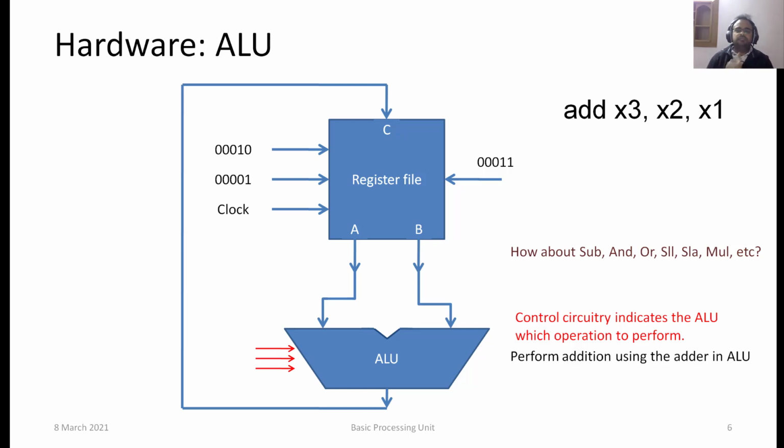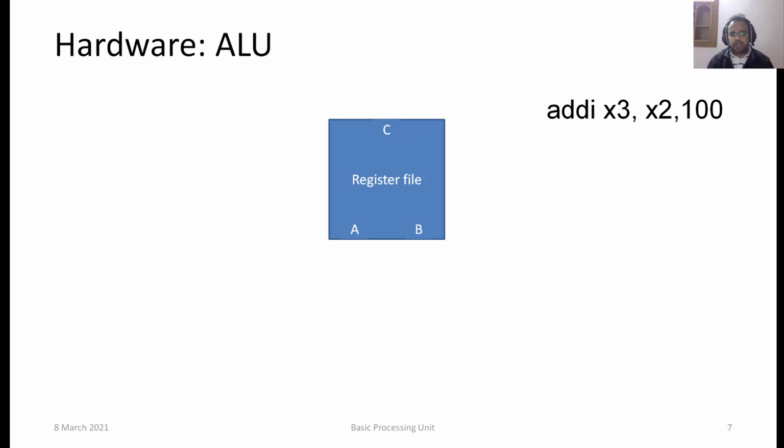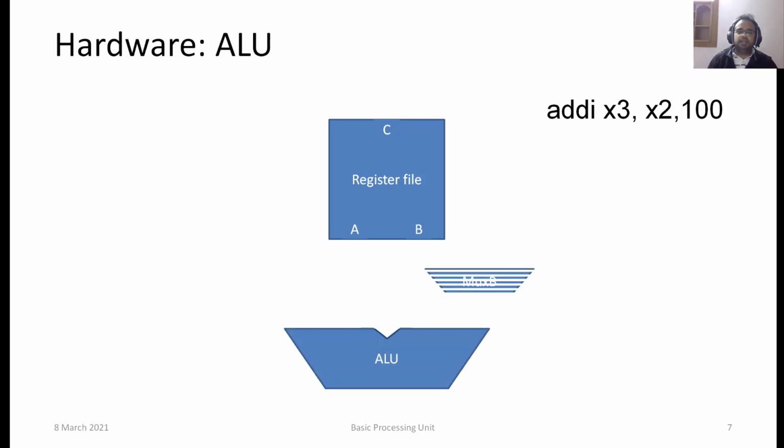Now this would work for the simple add, subtract, etc. Now let's see how this circuit needs to be changed to handle an immediate operation, right? Here we are considering ADDI x3, x2, 100. So again we have the register file and the ALU.